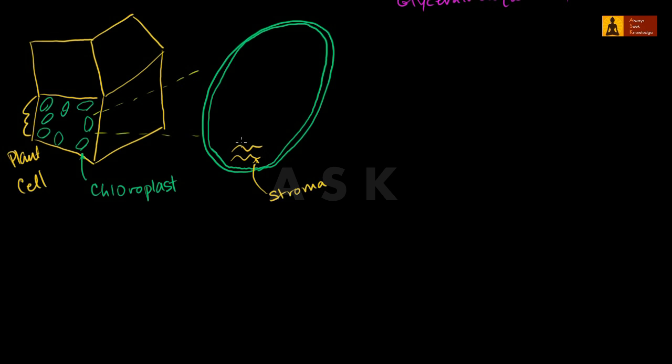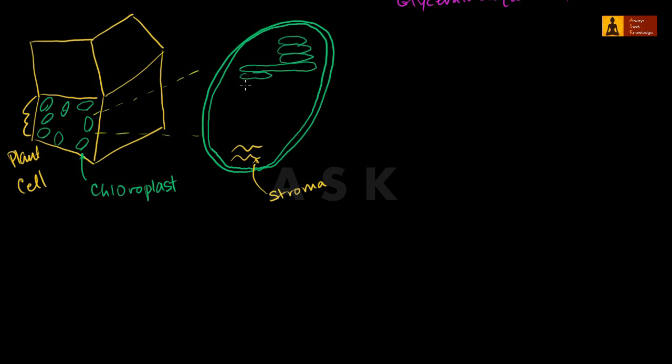And then within the chloroplast itself, you have these little stacks of these folded membranes. Let me see if I can do justice here. So maybe that's 1, 2. I'm doing these stacks. Each of these membrane-bound, you can almost view them as pancakes.